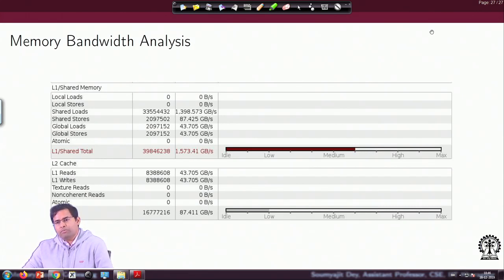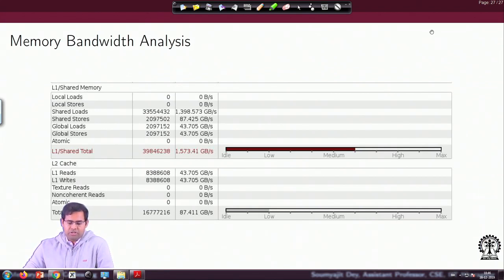So, if an entire warp of threads is going to store or load data to or from the shared memory in consecutive locations, all those locations are going to map to different memory banks, because I have 32 memory banks and 32 consecutive locations. Suppose I am loading data from these 32 locations using a warp of 32 threads. I will simply access all of the banks in parallel and load the data. So, that will be one load.